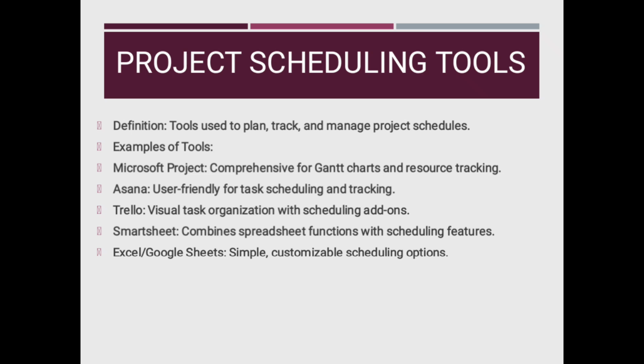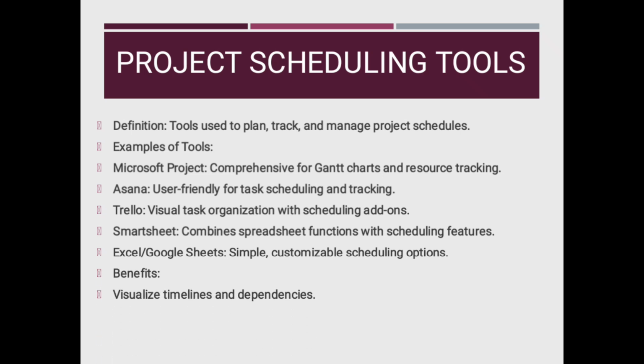So for example, Microsoft Excel, you can also use it to come up with a Gantt chart, as well as Google Sheet. This Google Sheet, you will find it on Google, and it is just free. Anybody, as long as you put your details, can use it. It's free, and it is user friendly as well.